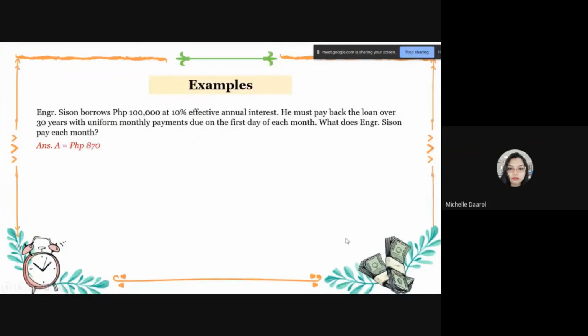Okay, let's proceed to our next example. Under a factory savings plan, a workman deposits 25 pesos at the beginning of each month for 4 years, and the management guarantees accumulation at 6% compounded monthly. How much stands to the workman's credit at the end of 4 years?